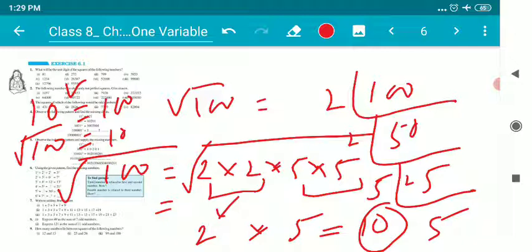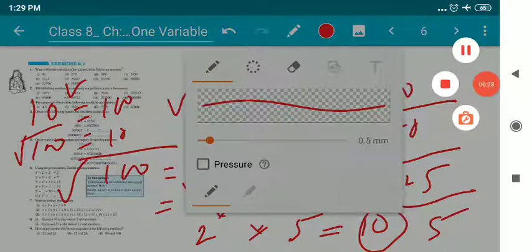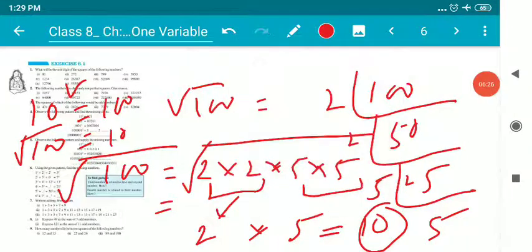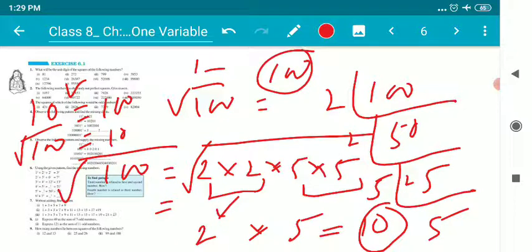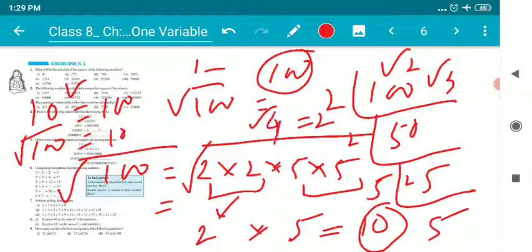Your homework will be, you will find the root of numbers till 100, right from 1 to 100. Suppose root over 2, not possible. Root over 3, not possible. Root over 4 is 2. Root over 5, not possible.